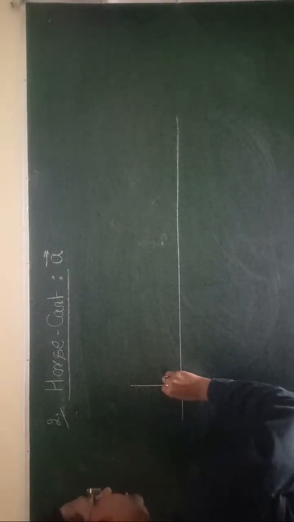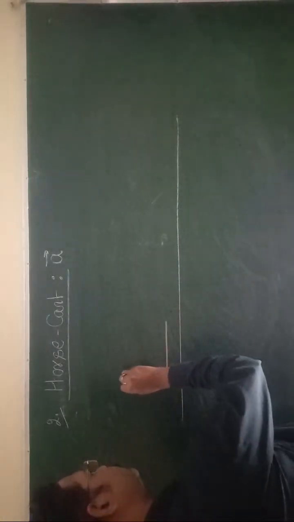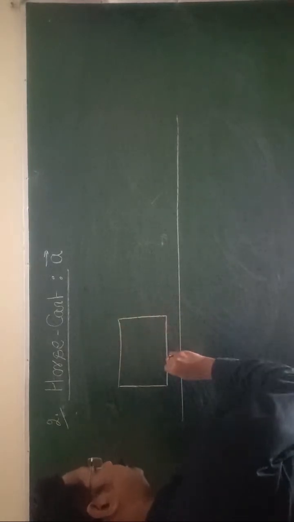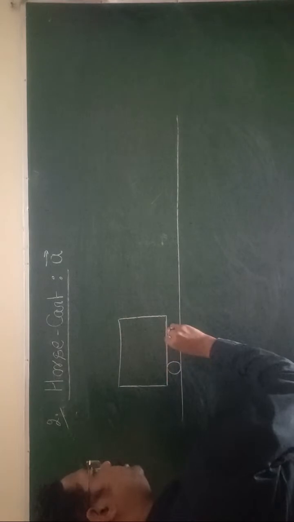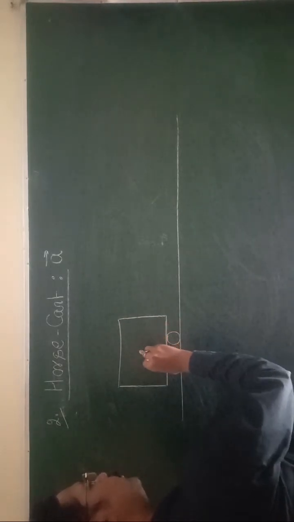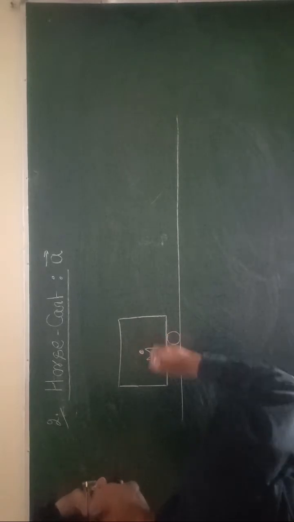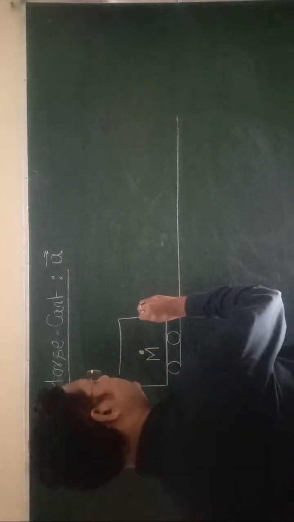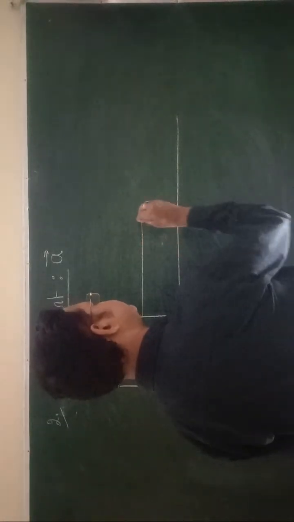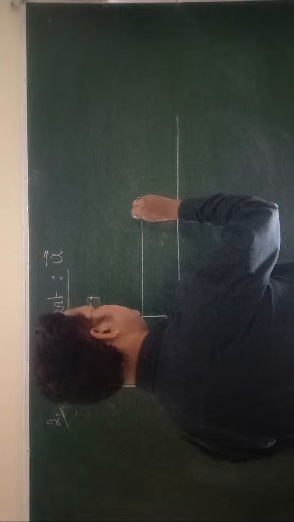So there is a cart. It has wheels here. Its mass is greater and connected with a horse.